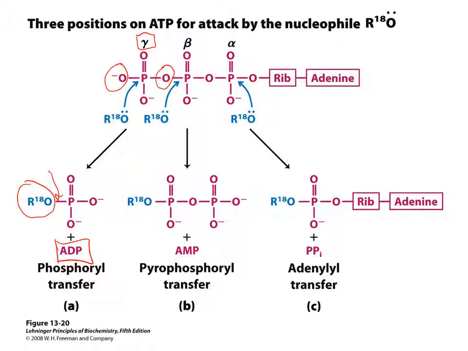Meaning, is the oxygen that is reacting, the nucleophile, actually connecting to ADP, or is it connecting to the phosphate? And these reactions show that we do have the nucleophile actually reacting with the phosphate. So the phosphoryl group in this case will be transferred onto the compound that performs this nucleophilic attack.